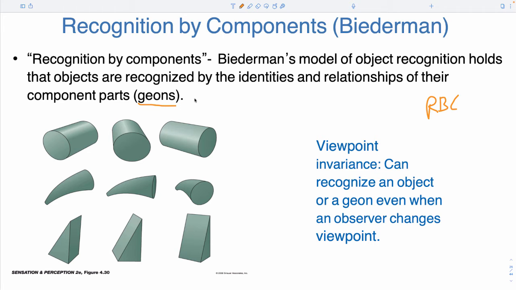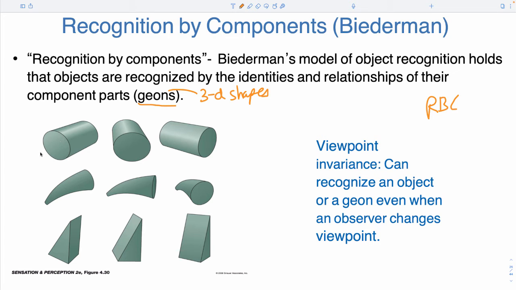They are geometric icons, and they are three-dimensional shapes. So it's kind of like a series of puzzle pieces that fit together and create objects out of their shapes. So here we have a cylinder, this cone-like shape, and this little triangular, sort of pyramidal shape. And so the idea is that we perceive these objects.